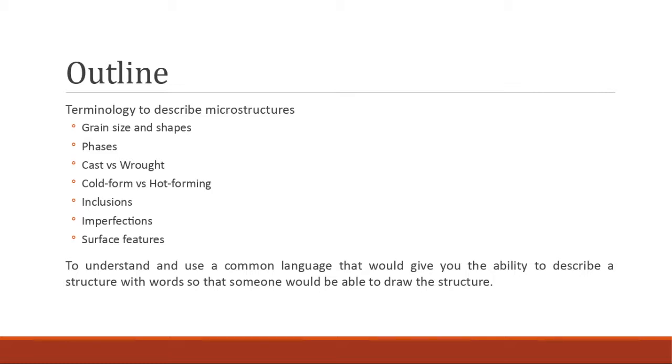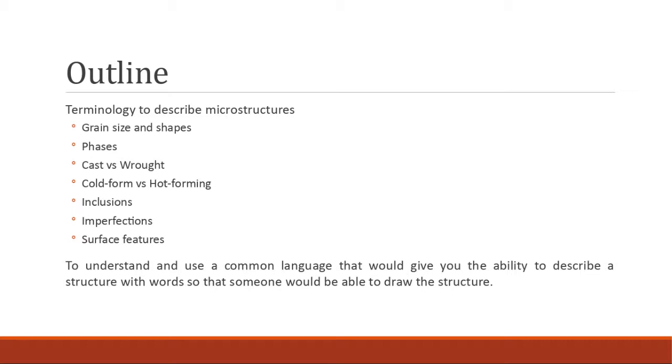That terminology will cover the grain size and shapes, phases, the orientation of phases, cast versus wrought products, cold formed versus hot formed products, inclusion materials, imperfections within the microstructure, and then some of the surface features that you may come across.